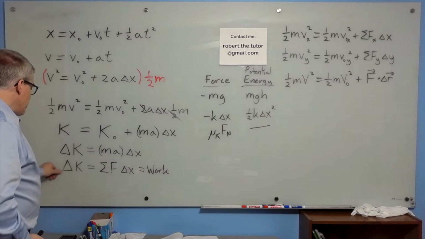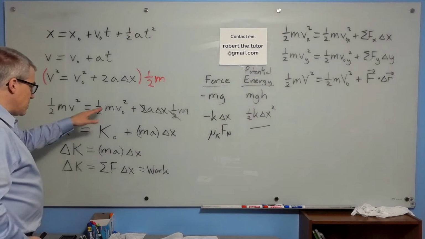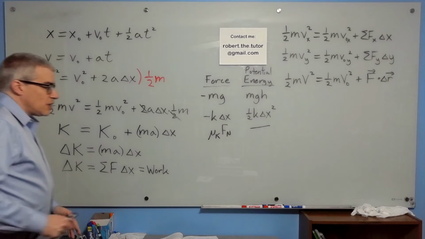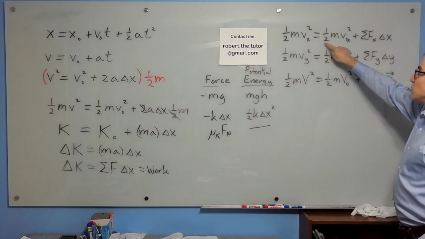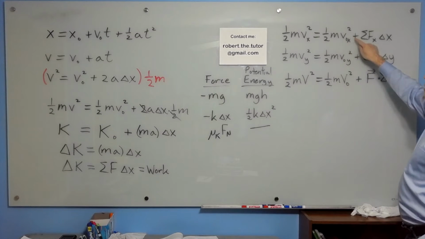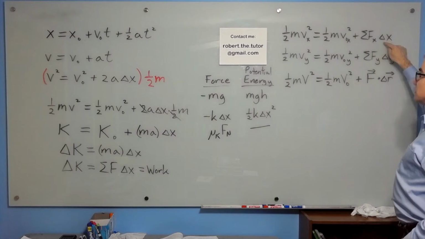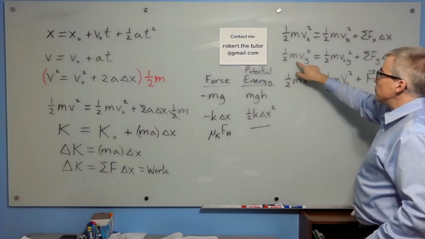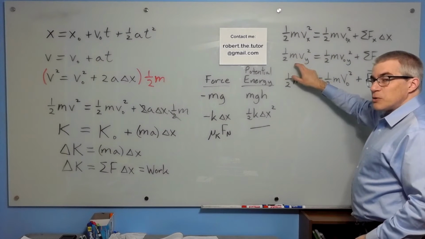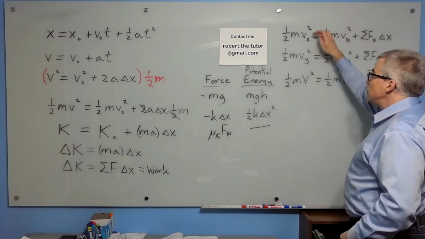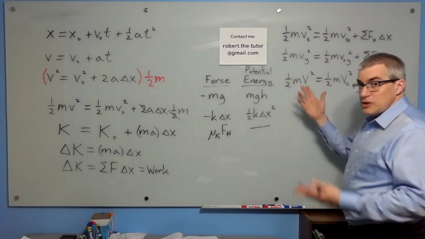Now, you might be wondering, well, that's in one dimension. What about if we're moving in two dimensions? Well, the exact same argument works. 1/2 mvx squared is 1/2 mv0x squared plus the sum of forces in the x direction times delta x, and 1/2 mvy squared likewise. If you add these two equations together, vx squared plus vy squared is v squared.